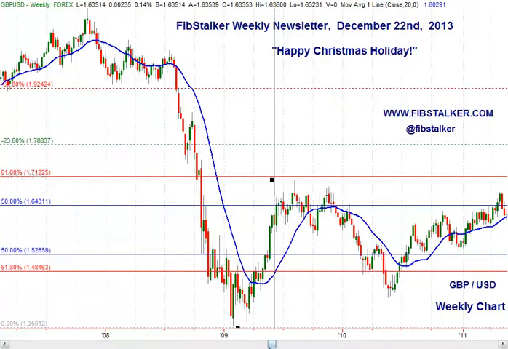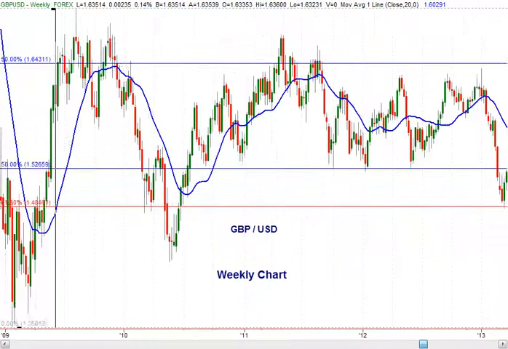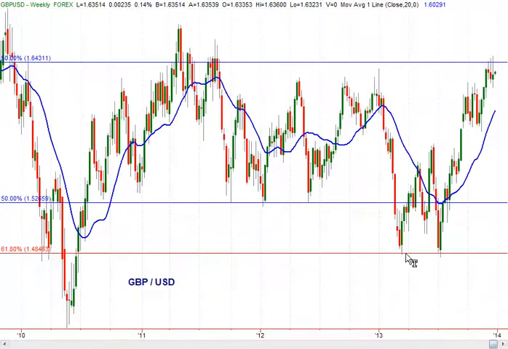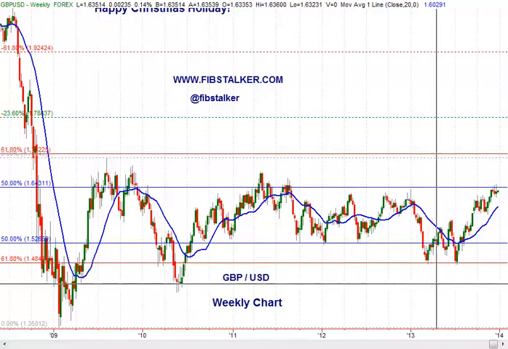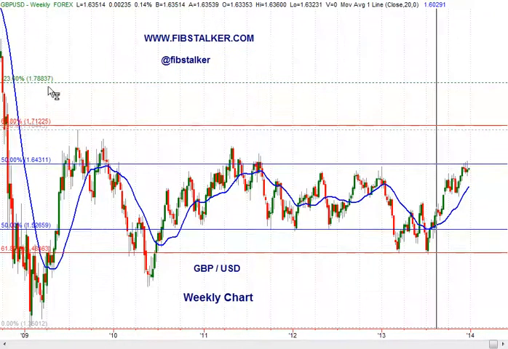at some point it started working, as we can see here at the beginning of 2012. And although we had this violation here, price continued to move into this area of support and resistance. So until we get a violation again of one of these levels, either on the downside 148.46, or on the upside 171, we have to anticipate the market continuing, at least on the weekly, in this lateral move.